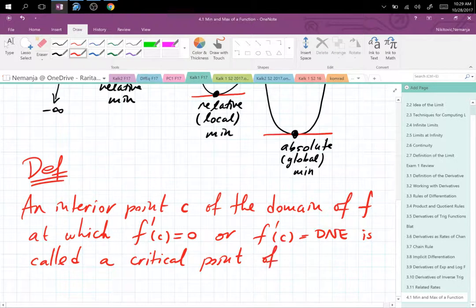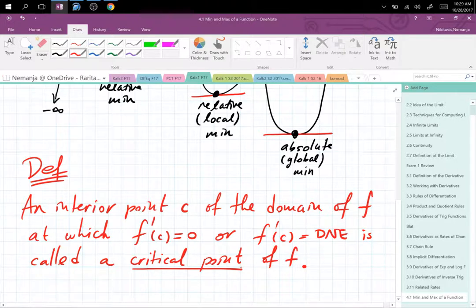Now, I don't really like the fact that they say C is a point. C is not a point. C is a coordinate of the point. C, f of C, is a point. This is actually a critical number. This book doesn't really distinguish well between those.